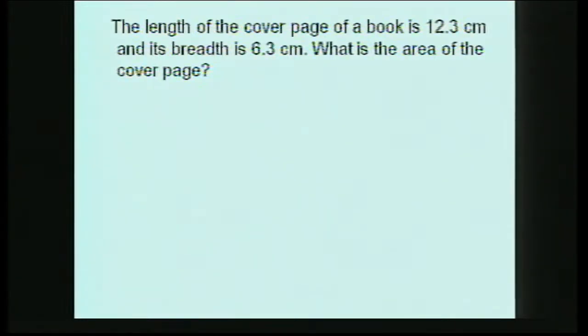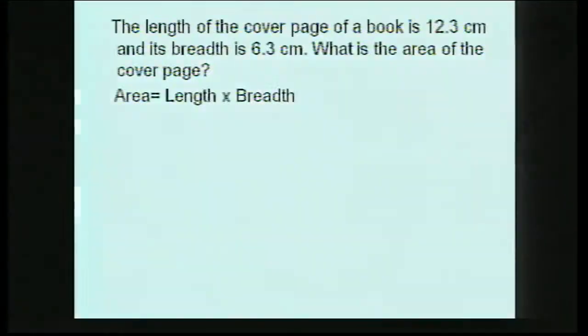That means you have to multiply the length by the breadth, 12.3 centimeter into 6.3 centimeter. You multiply 123 with 63, you will get 7,749.